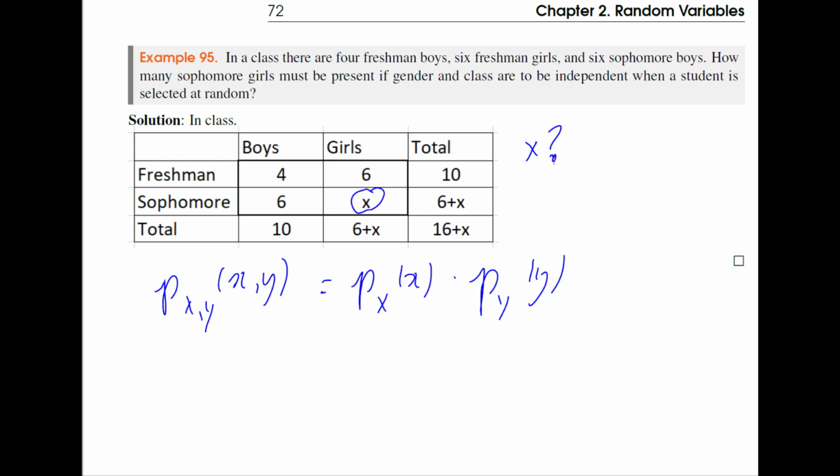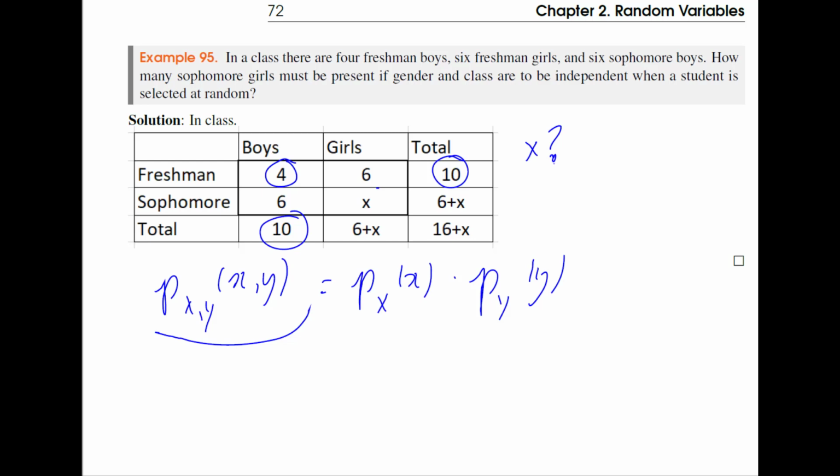Let me take this one. So that's my joint value P of X, Y right here, and that has to be equal to this entry times this entry, but in probabilities.